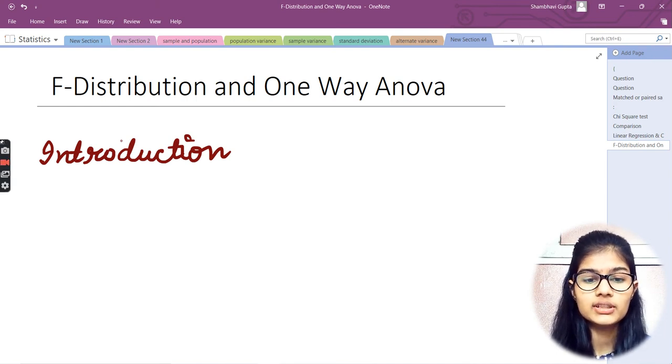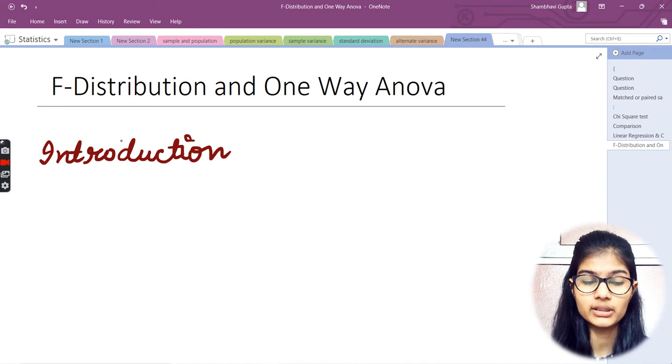In all of these cases, we'll be using a hypothesis test. For this hypothesis test, we involve more than two averages, right? We analyze more than two averages.